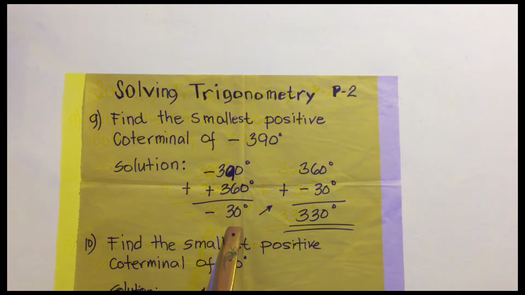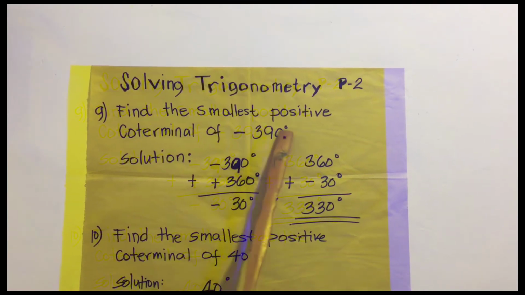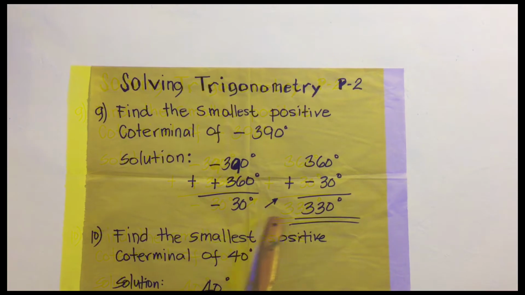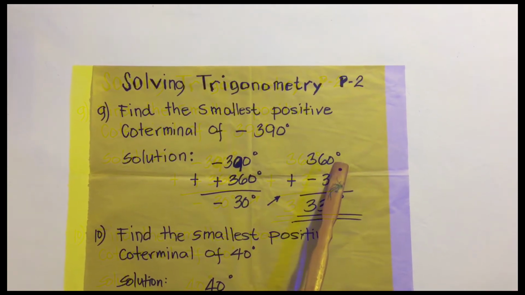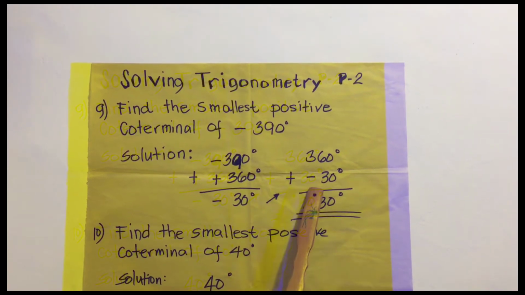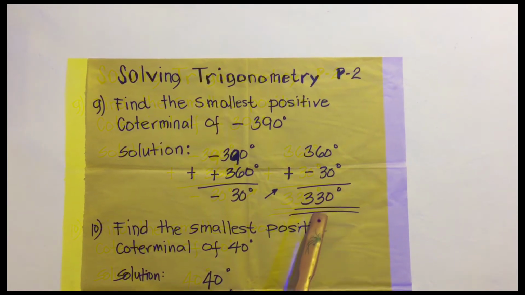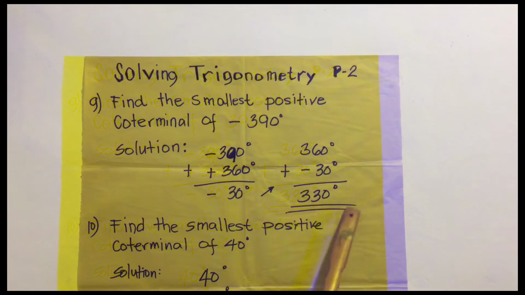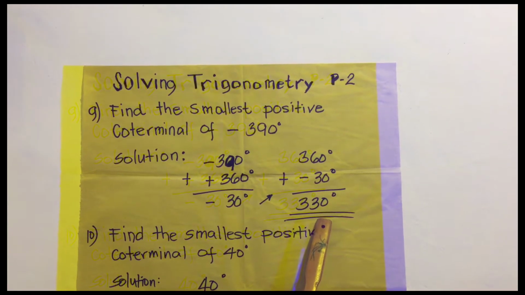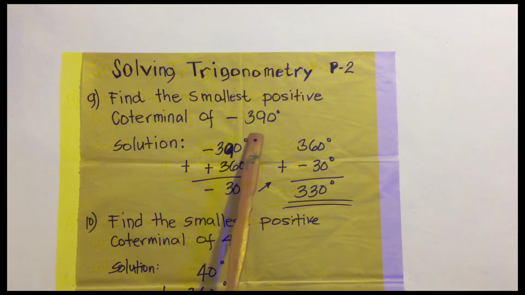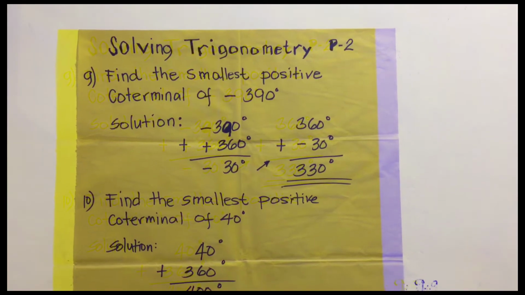Then, since we're looking for the smallest positive, we're going to add 360 degrees. Then we minus the negative 30 degrees, and the result is 330 degrees. This will be the smallest positive coterminal of negative 390 degrees.